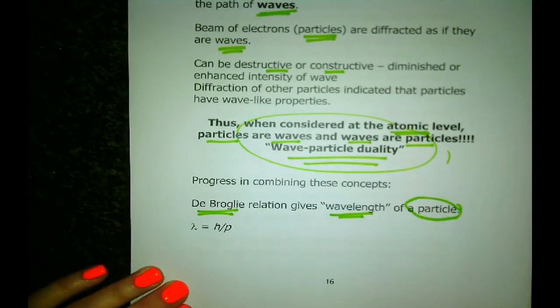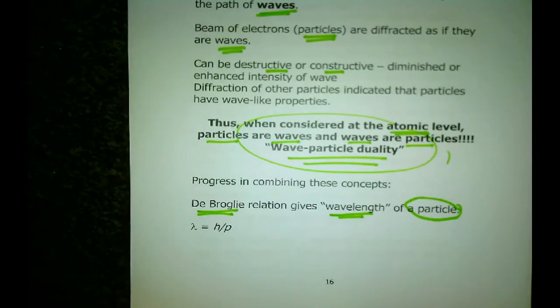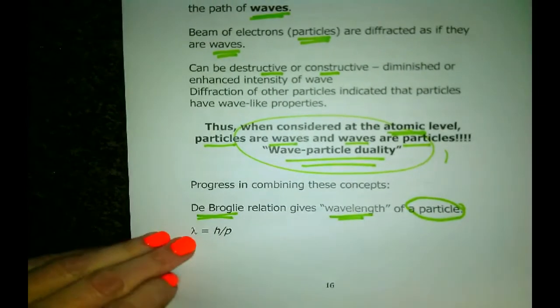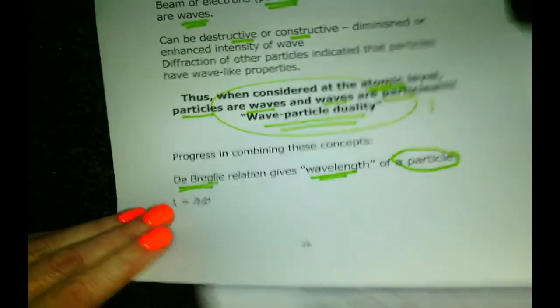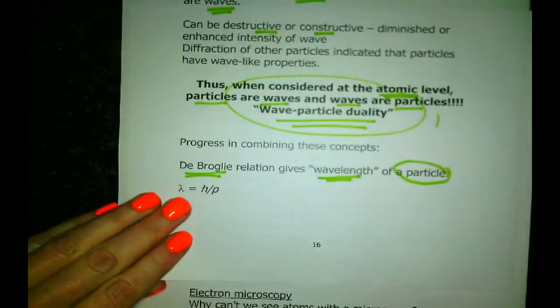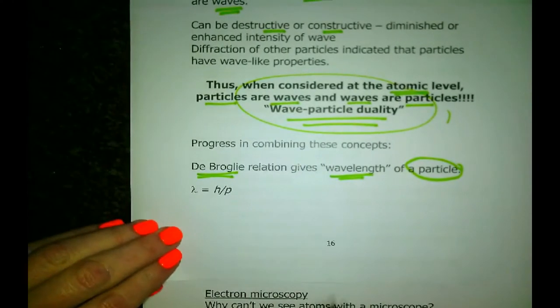So you can now calculate the wavelength of the chair that you're sitting in, or you can calculate your own wavelength. The caveat, however, is that the particle that you are calculating the wavelength of must be moving.